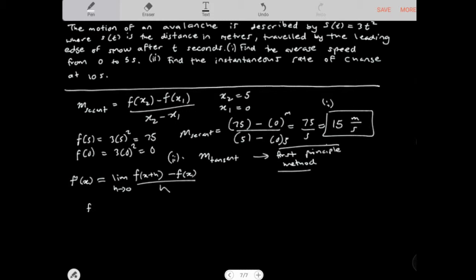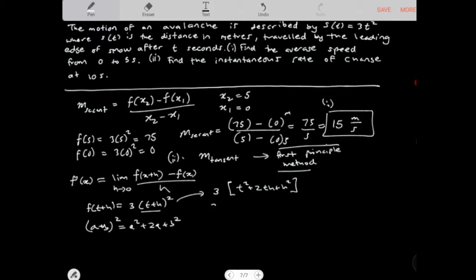So first I'm going to look at f of t plus h, which is basically 3 times (t plus h) squared, right? I'm going to expand this like (a plus b) squared. You're going to get a squared plus 2ab plus b squared. All right, so if I expand this out, you get 3 times t squared plus 2th plus h squared. And you get 3t squared plus 6th plus 3h squared.